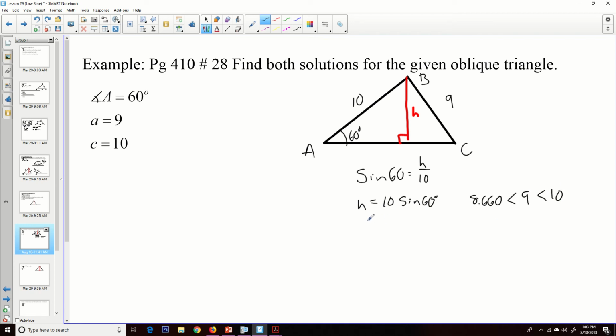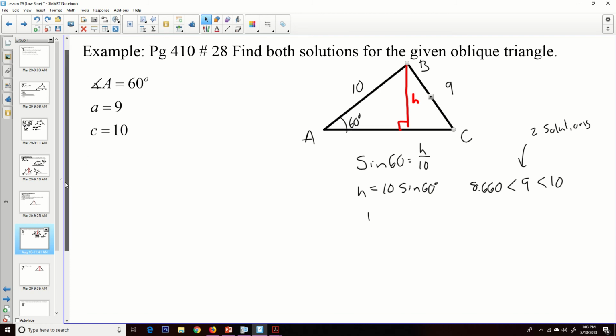So that's going to tell us that there are two cases, two solutions. All right, and the first solution is this triangle, and the second solution is that triangle. So B will be big here and very small there, and C will be acute here and obtuse there.